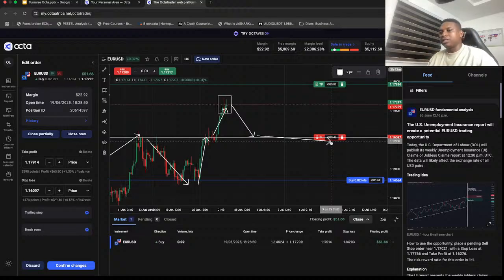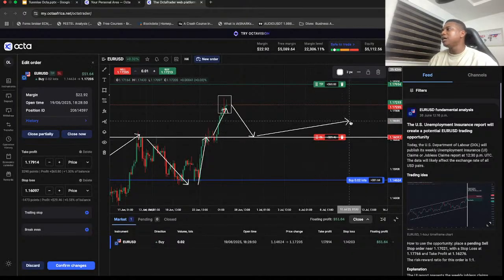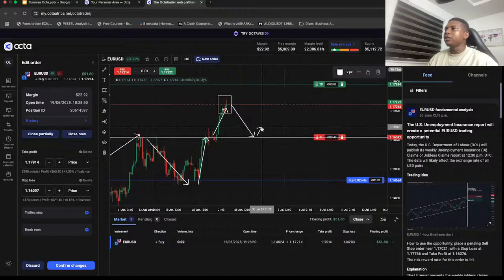And that is the interesting part. So this strategy of moving my stop loss above entry level is a hedging strategy to secure my profit. So this is very, very important. All right, good.